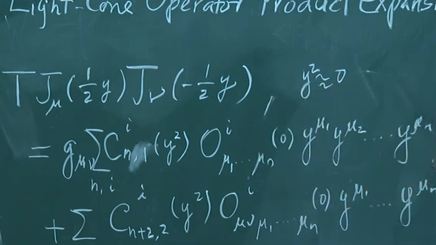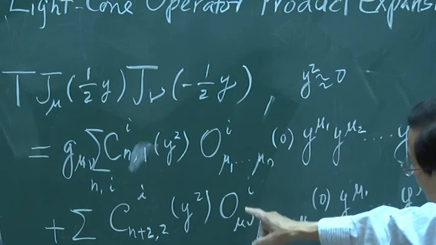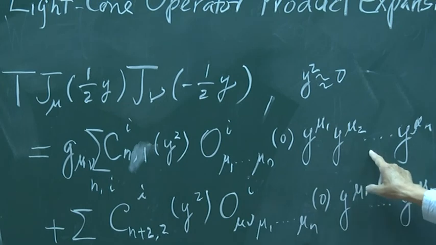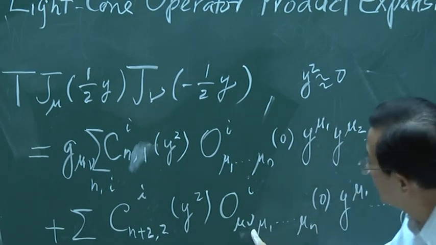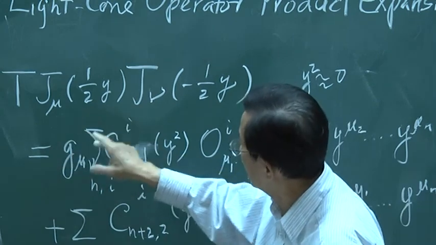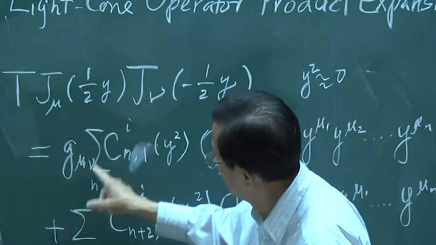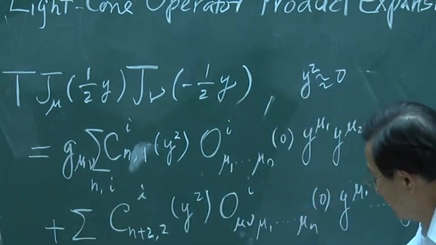Okay? So this operator is just like this, except that all the indices are taken care of by contracting with this y. Here there are free indices mu and nu associated with this, and in this one the indices mu and nu are expressed in this g mu nu. Okay?